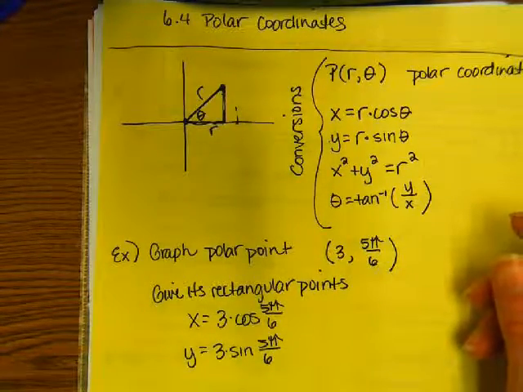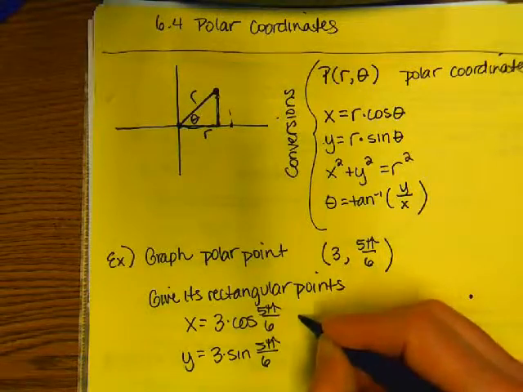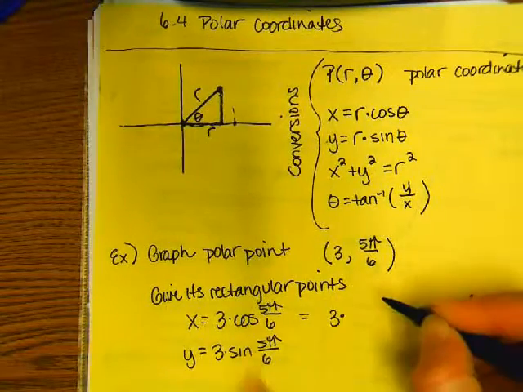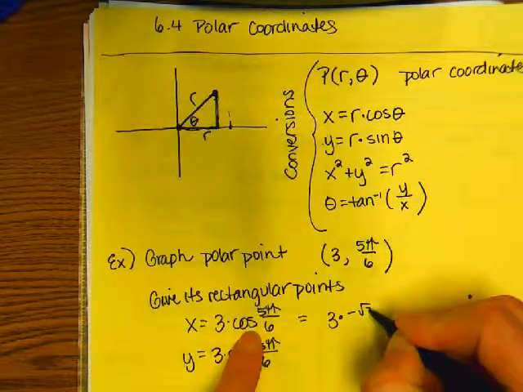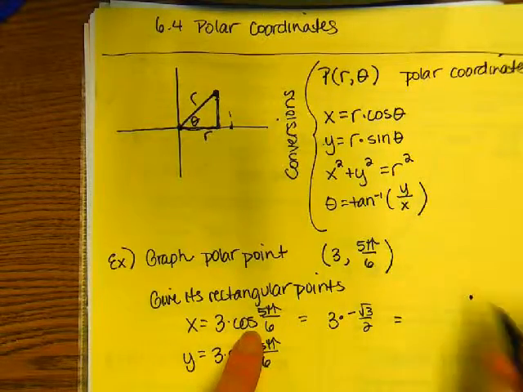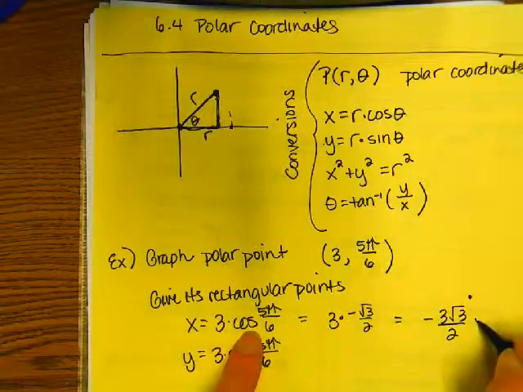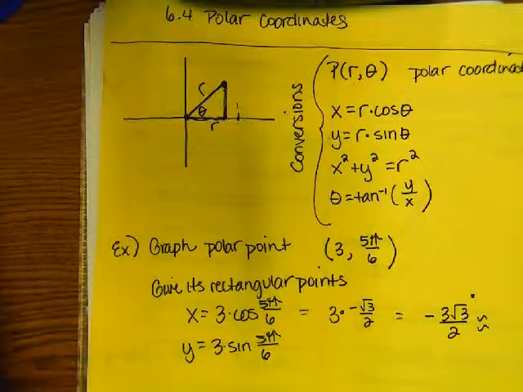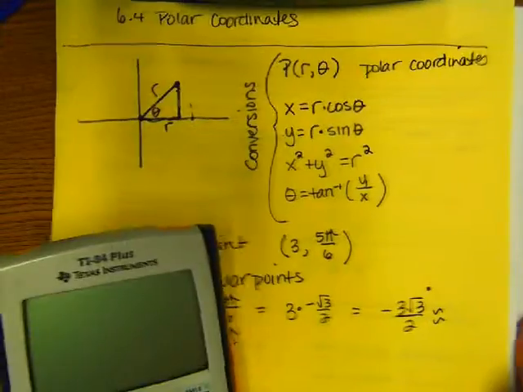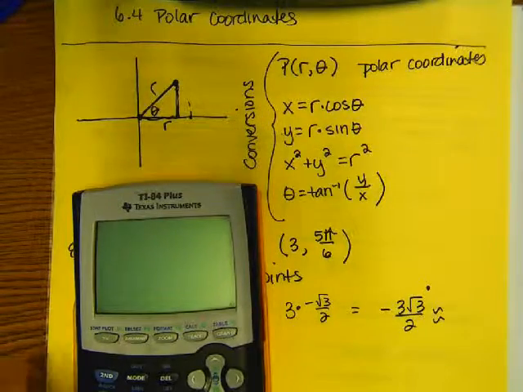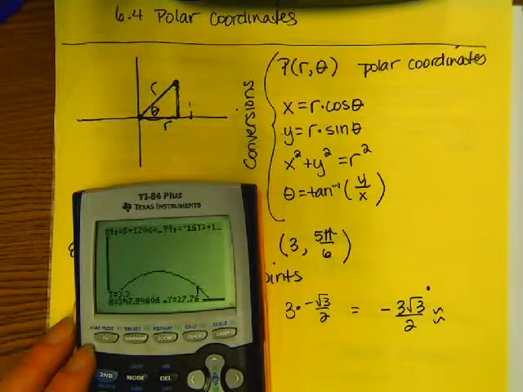Okay, so 3 times negative root 3 over 2. Let's see what that is about. It would help if my calculator was on.